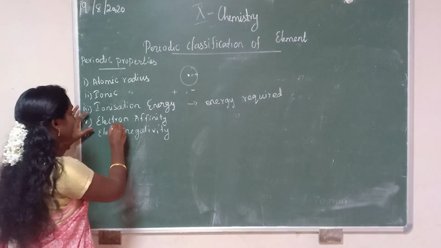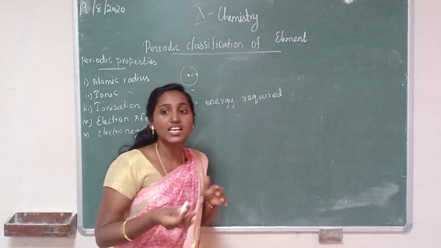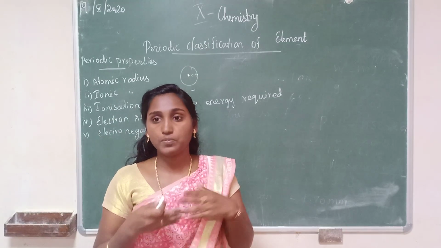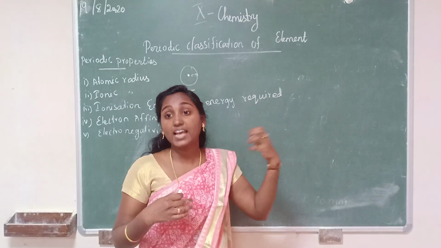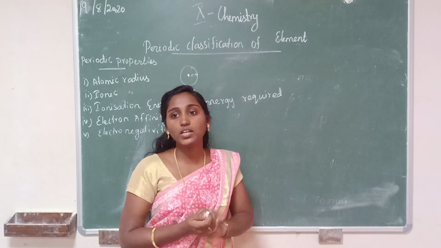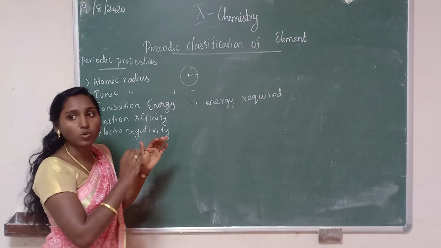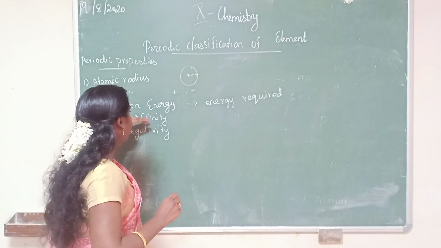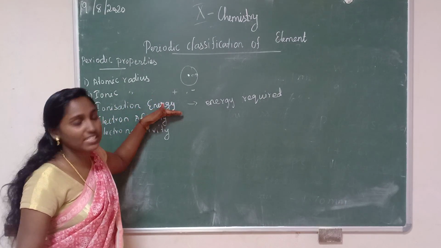First we can study electron affinity. Electron affinity means electron attraction. That means one atom can attract the electron from another atom. Have you understood? This electron affinity is just the opposite of ionization energy.